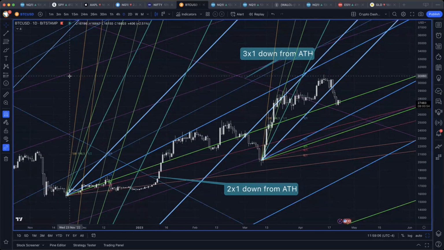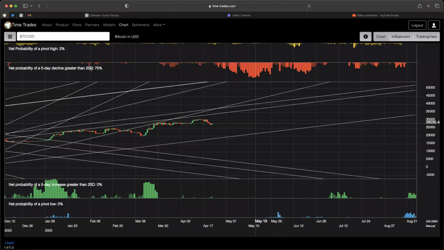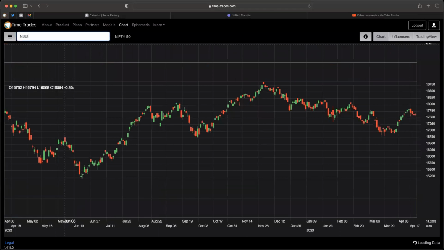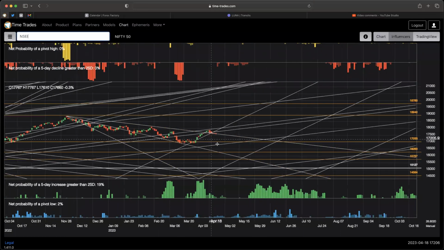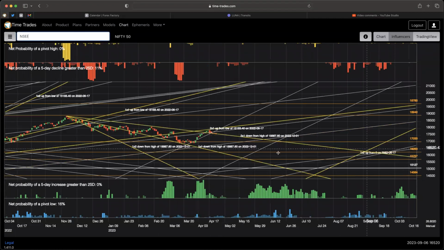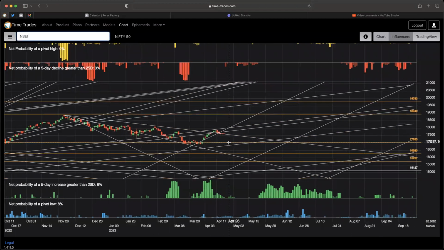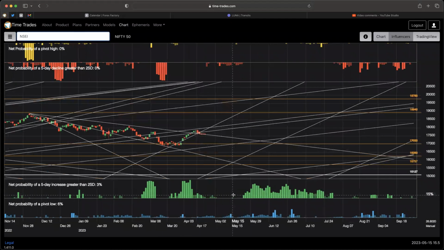Let's conclude today's call with a review of the Nifty. We can go over to time trades and take a look at that. All right, so Nifty looks pretty similar to American stocks in that there's really a big gap here in probabilities during May.